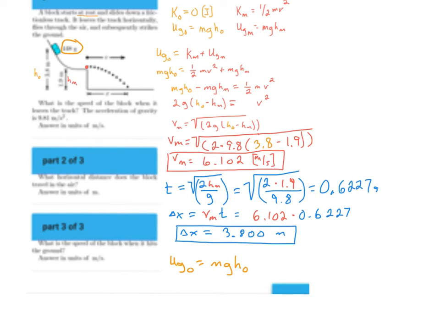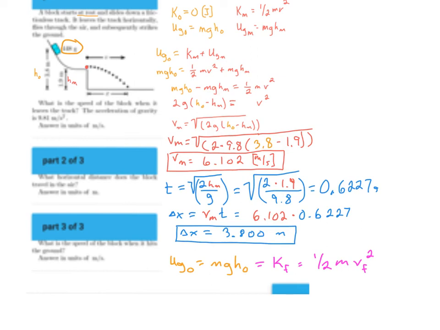So right before it hits the ground, it's going to have only kinetic energy. It's going to have some final kinetic energy, and that's going to be equal to 1/2 the mass times the final velocity squared. So you can see doing this with energy is a lot faster and a lot easier.